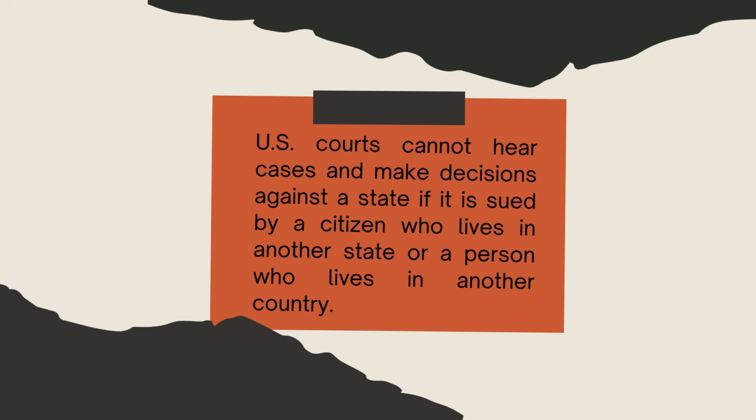U.S. courts are those courts that are the trial courts of the United States federal judiciary. Those courts cannot hear cases and make decisions against a state if it is sued by a citizen who lives in another state or a person who lives in another country.